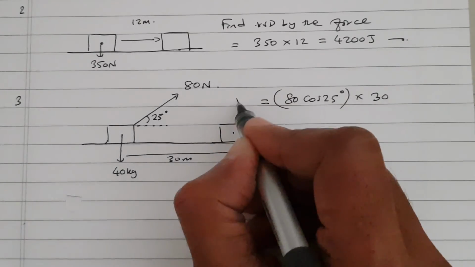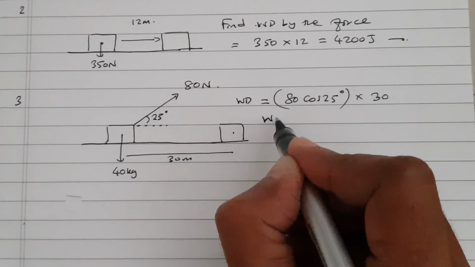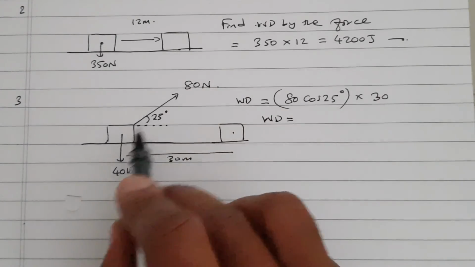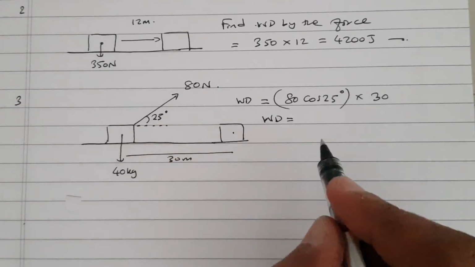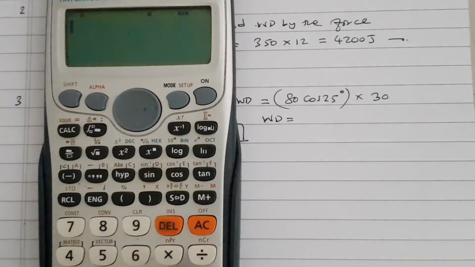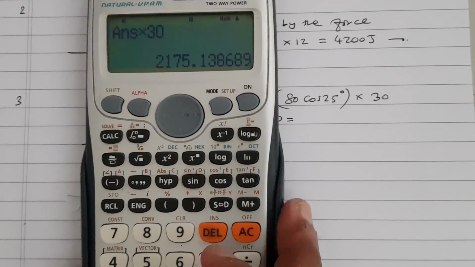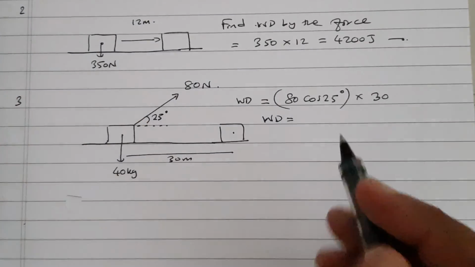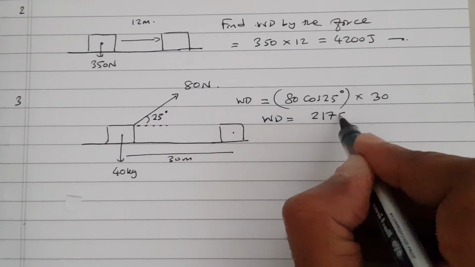We just want to find the work done by the tension in the string. So simply apply this in your calculator: 80 times cos of 25 times 30 should give 2,175 joules.